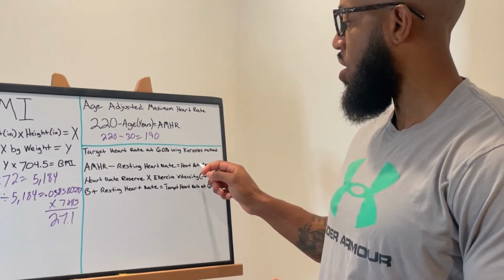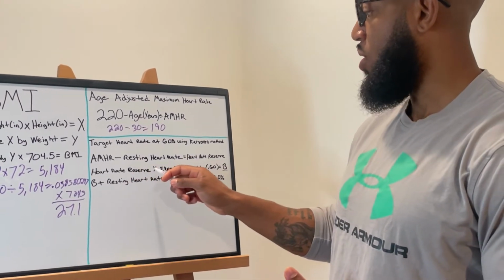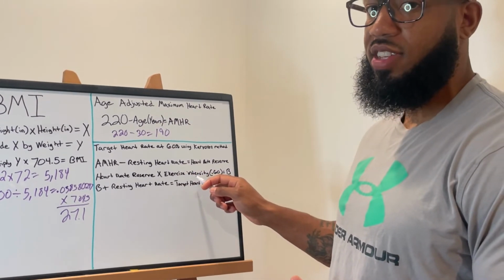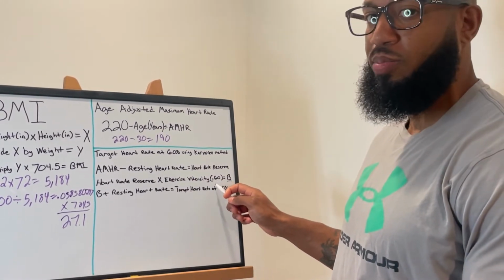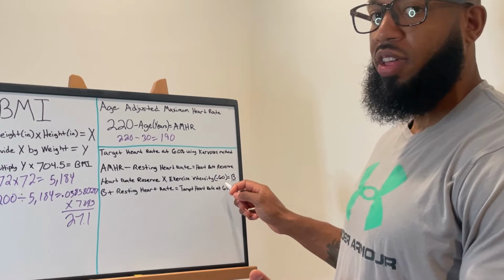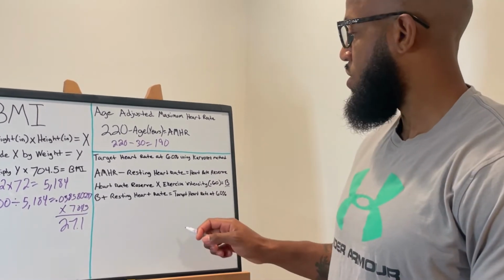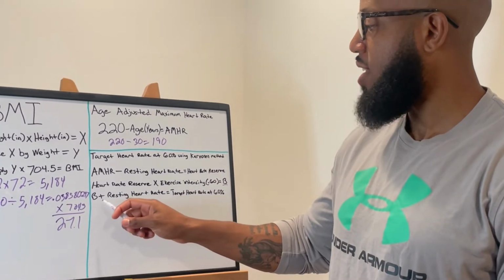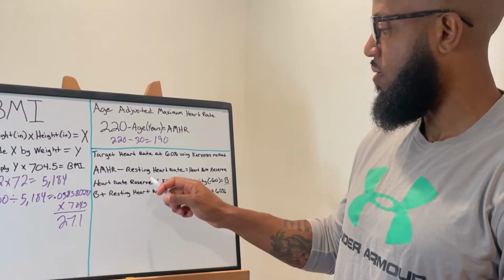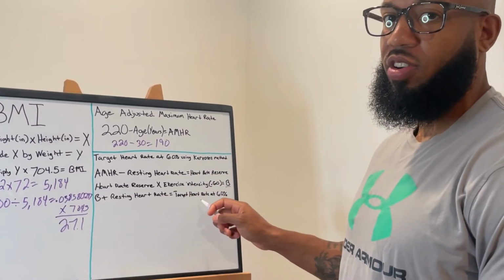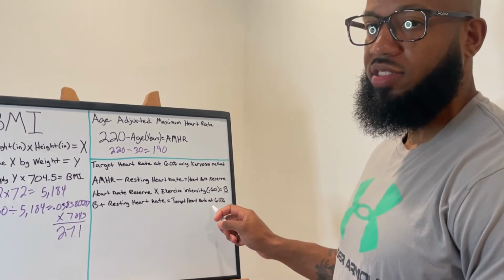Now we're going to take our heart rate reserve number and we're going to multiply that by the exercise intensity, and in this scenario it's 60%, 0.60. And we're going to call that answer B. So we're going to take B and then we're going to add it back in to our resting heart rate. And that's going to give us our target heart rate at 60% exercise intensity.